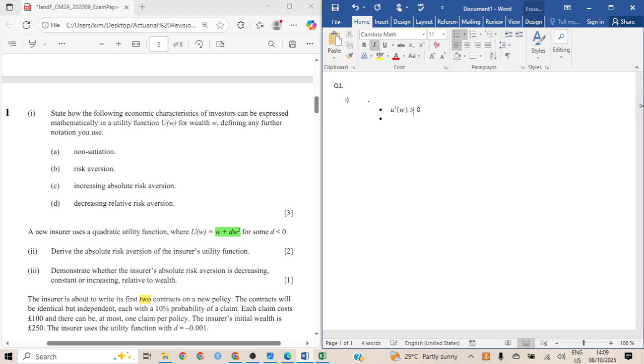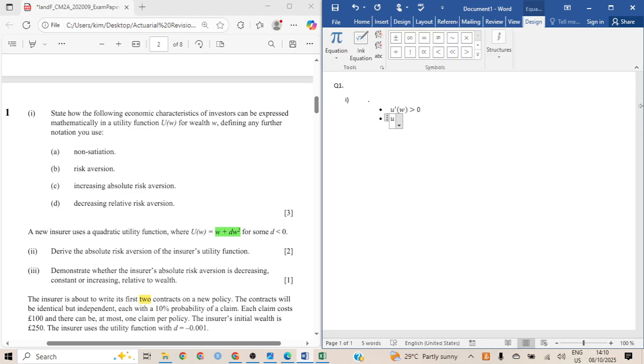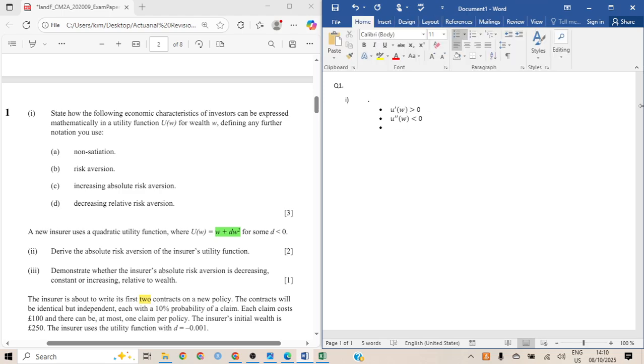The second one is risk aversion. This is the second derivative of utility of wealth, and this is less than 0. The third one is increasing ARA.